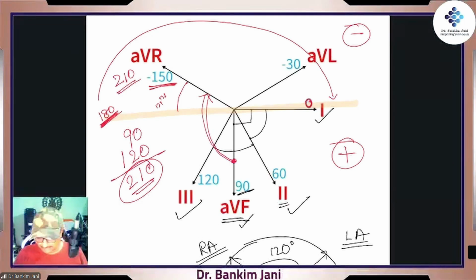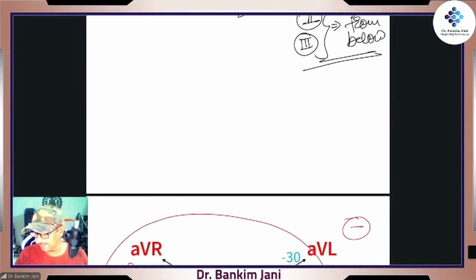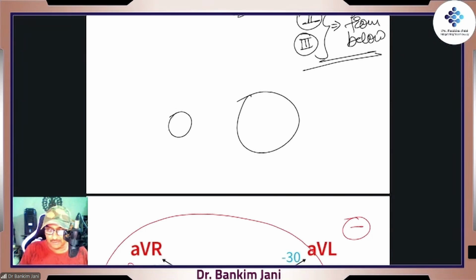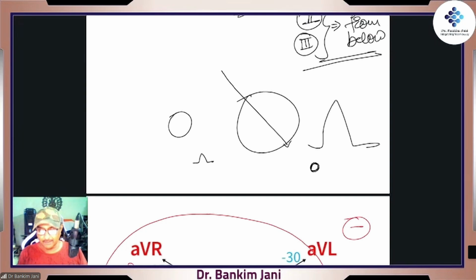I just said one thing, don't be confused. If the muscle is more, there would be more current. If the muscles are less, there will be less current. From here, the electrode will say, big current. If the muscles are less, it will say, okay, that's the difference.